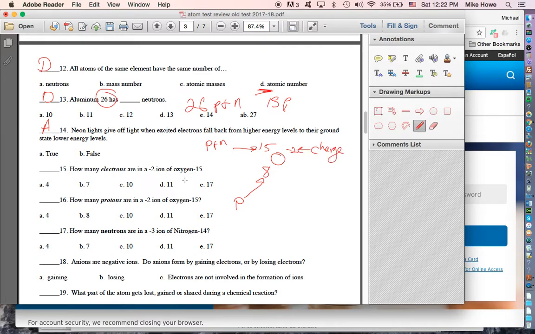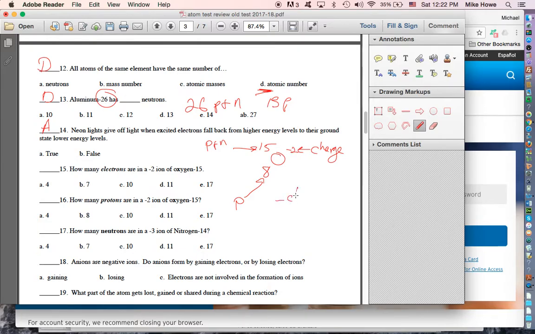All right, so if you've got a -2 ion, oxygen 15, its mass is 15. Well, we want electrons. Protons equal electrons, so there should be 8 unless there's a charge. Is there a charge? Yeah. So what's a negative charge mean?